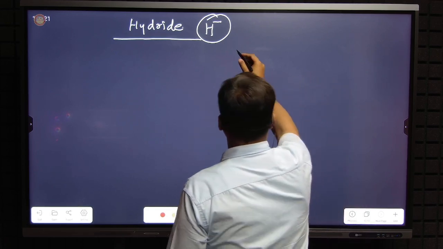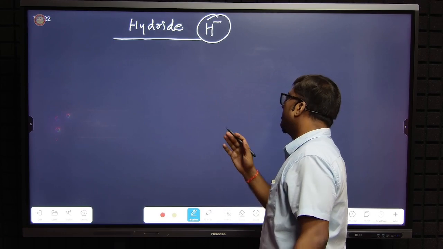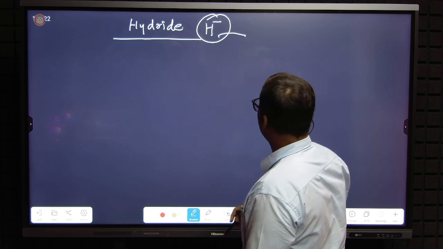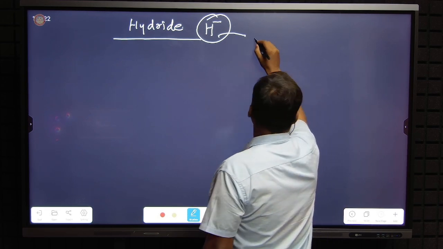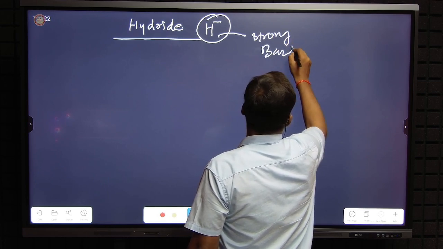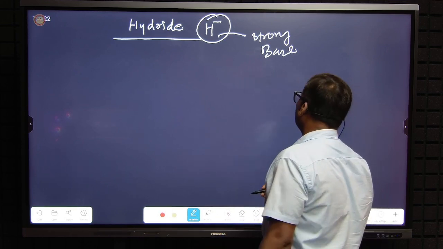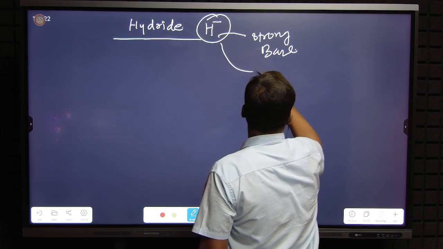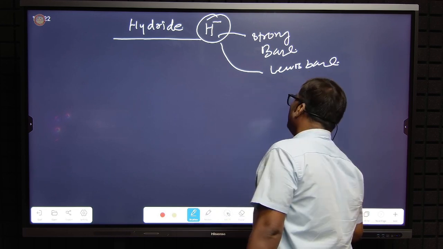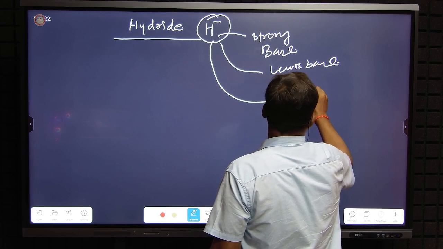Now because of the presence of negative charge, this acts as a strong base, or you can say a Lewis base, and this is also reducing in character.